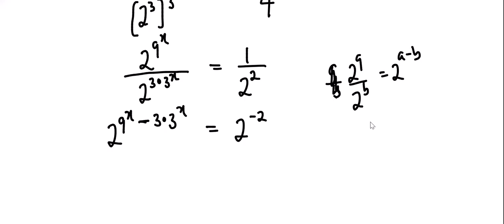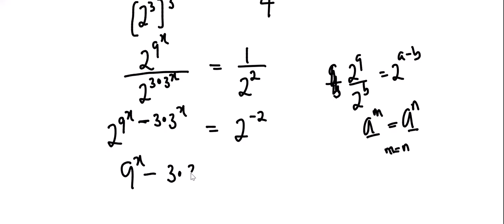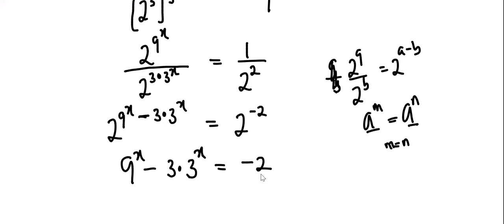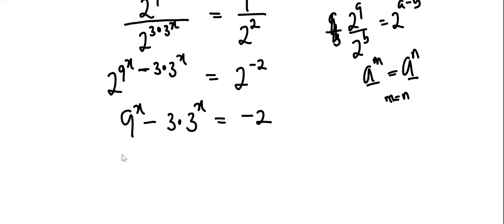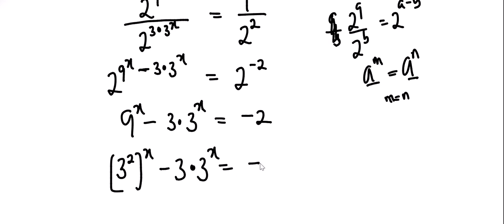Now, another rule of indices says that if a to the power of m equals a to the power of n and the bases are equal, you can equate the powers together. So my powers here are 9^x minus 3 times 3^x equals negative 2. Now, rewriting 9^x as 3 to the power of 2x, we get 3 to the power of 2x minus 3 times 3^x equals negative 2.